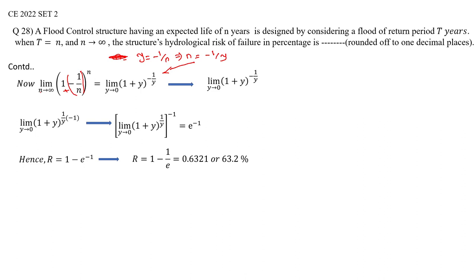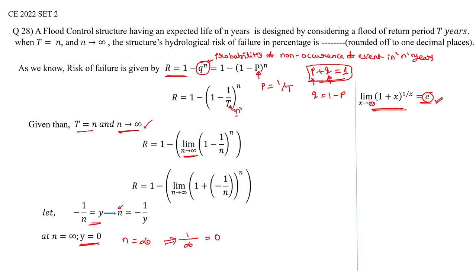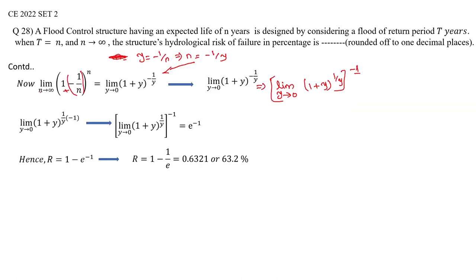This minus we can take out. Maybe I made a mistake here: this is 0, not infinity. So now limit y tends to 0 of (1 plus y) whole power 1 by y.